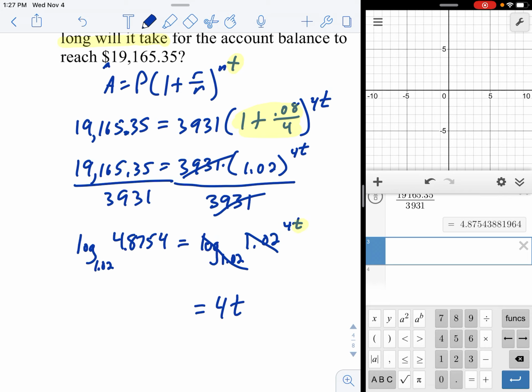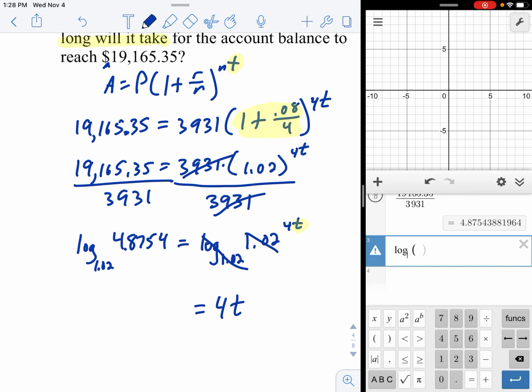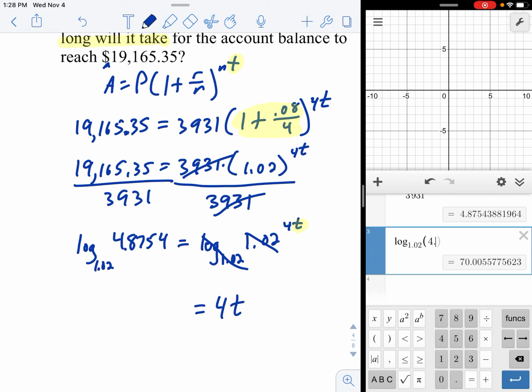On the left, I use my calculator. So log base 1.02 of 4.8754, 79.99959. Okay, that looks to me to be 80.